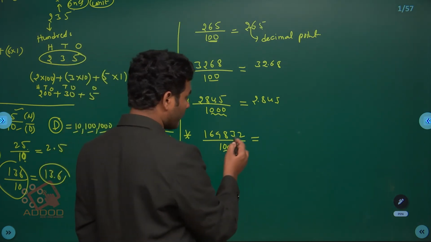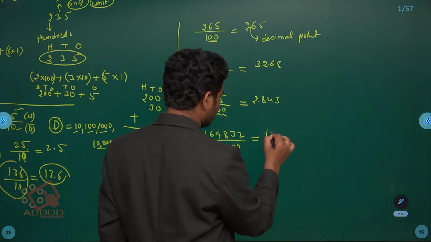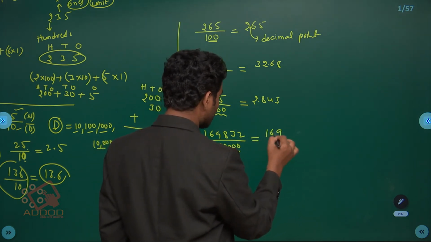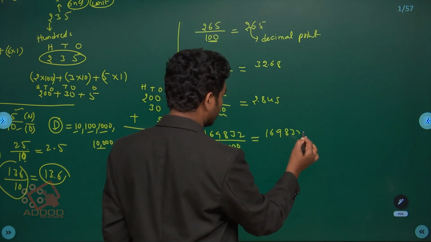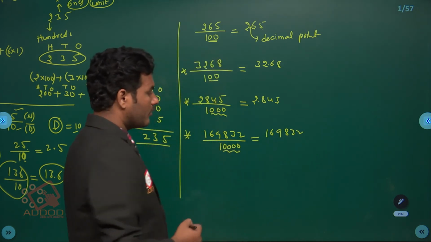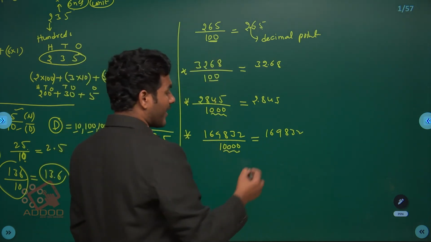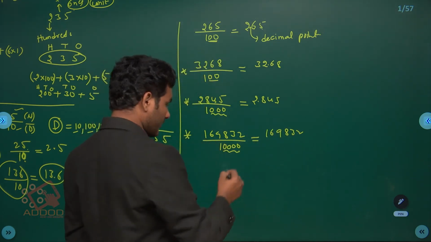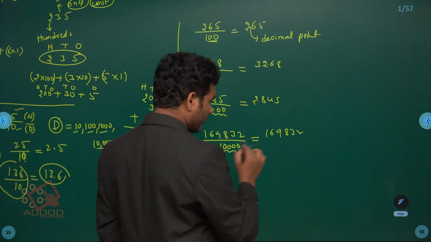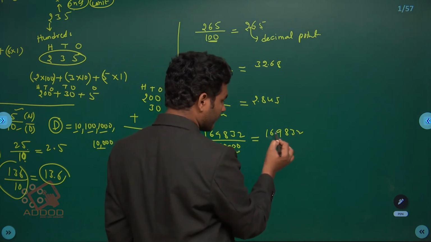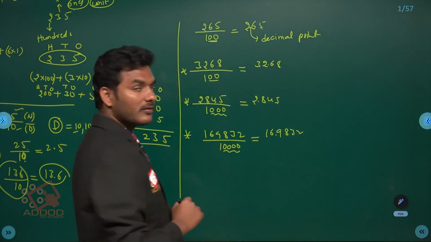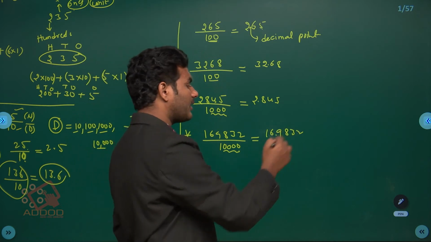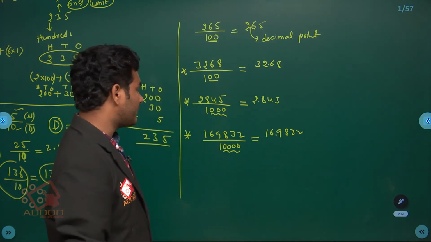So 4 digits before you have to keep the point. So 1,69,832 by 10,000: four zeros, 1, 2, 3, 4. 4 digits before we have to keep the point. So 16.9832.